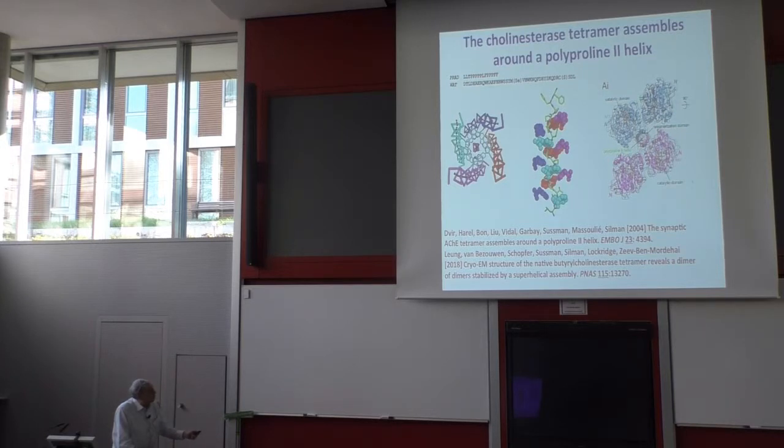You see here the 4 subunits arranged around this superhelical structure with a polyproline going through it. In this case, the polyproline is not a special collagen as is found in the neuromuscular junction. The butyrylcholinesterase recruits lamellipodin to help itself assemble into a tight tetramer. And hopefully, in the next few weeks or so, we'll have the same structure for acetylcholinesterase.